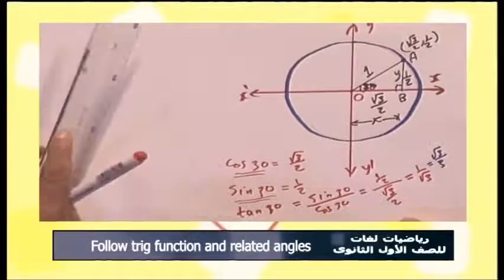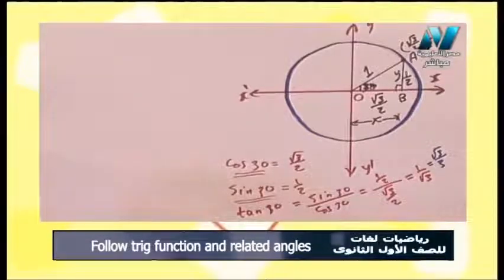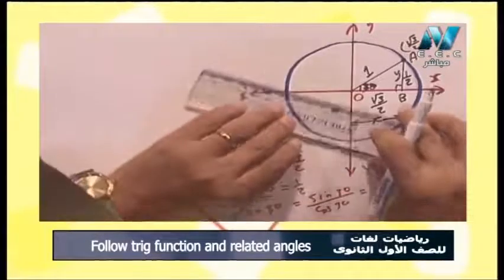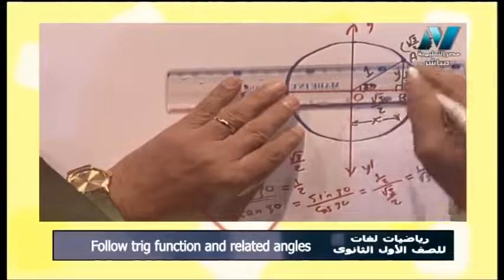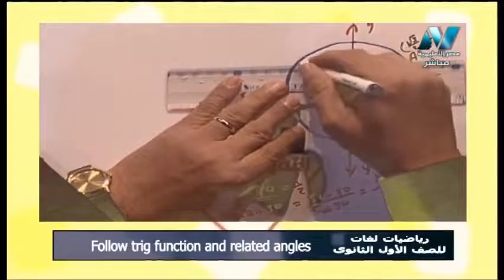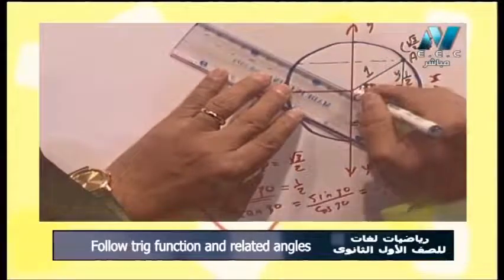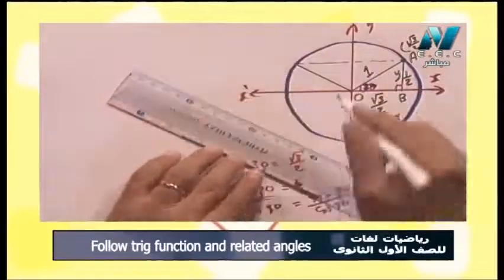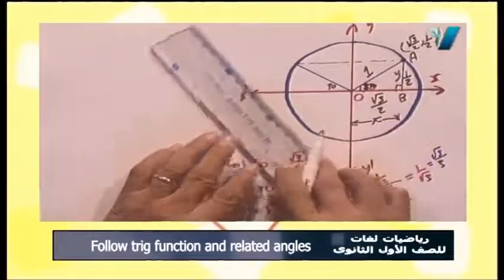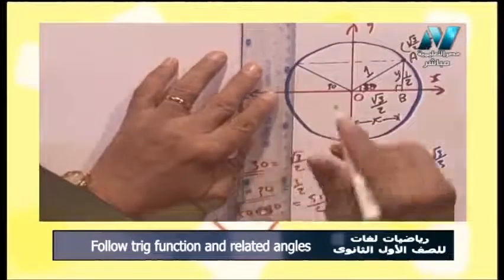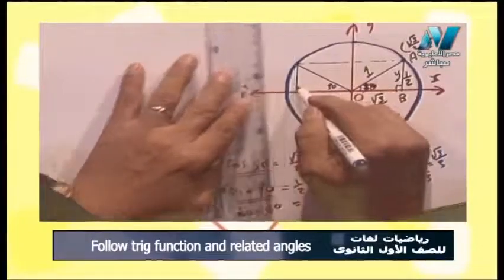Okay, so when we try to draw another angle like that, if we draw a 30-degree angle here, this one, we have a 30-degree angle, and we'll complete to draw a right angle triangle.